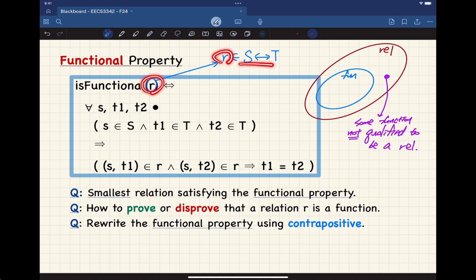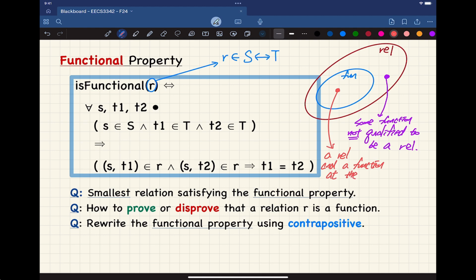R is also a function, which will be here, right? As you can see, if I got something over here, let's say a dot over here, that means it is a relation and a function at the same time.